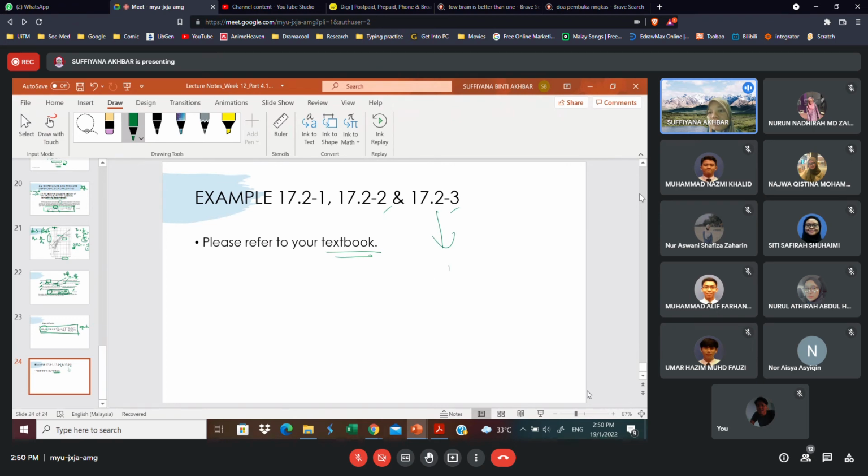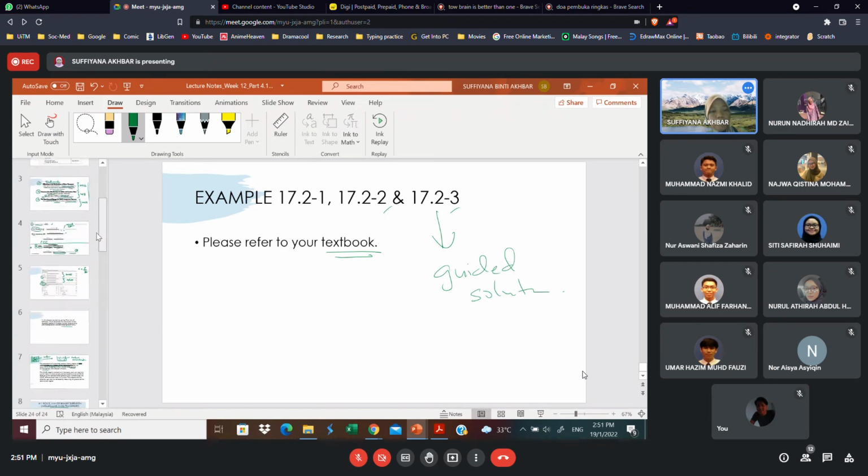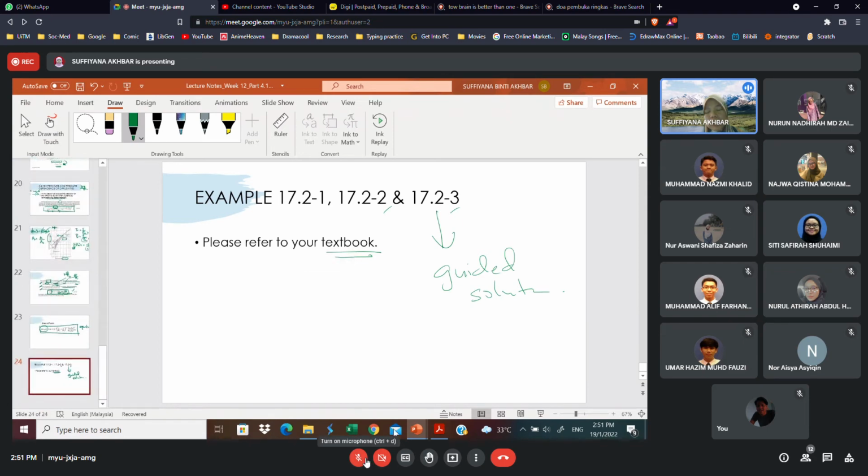These examples are guided solutions, so you can look at them one by one, and I will not discuss them, but you are still free to ask me if you have any question. Any question regarding subtopics 4.1 and 4.2? Any questions? No? So we proceed to 4.3.